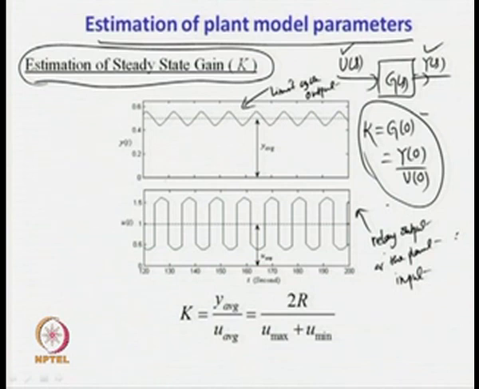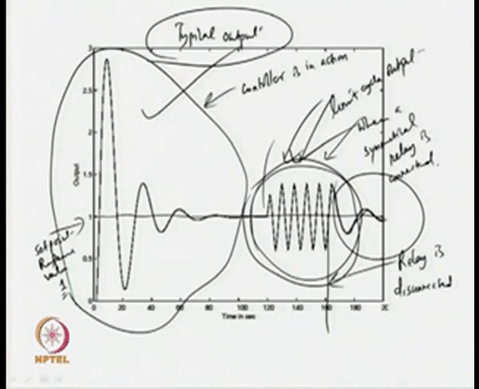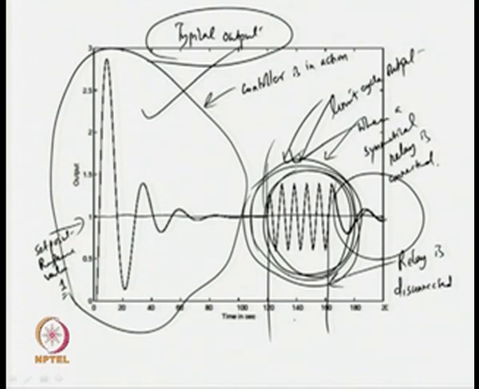Now, I have skipped the other part of the typical output. We concentrate on the result or the output we get during the relay experiment. That means, we confine our discussion to the time period from 120 seconds to 160 seconds.